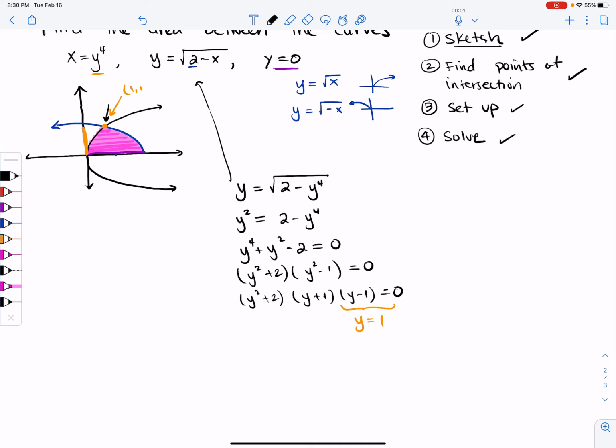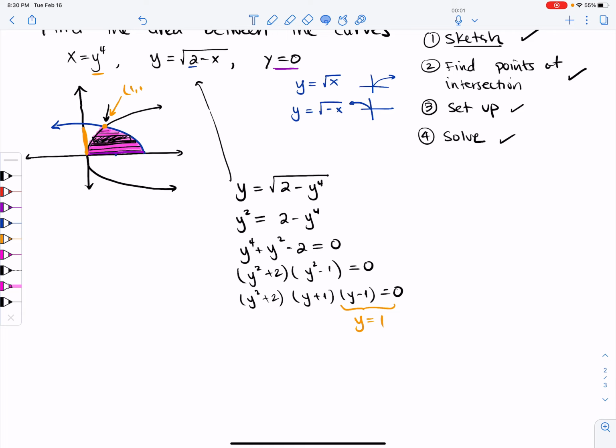And if we integrate with respect to y, then we need to create a reference rectangle that looks like this. Think about this horizontal reference rectangle, because remember, the area is just going to be the sum of all of these little rectangles here.